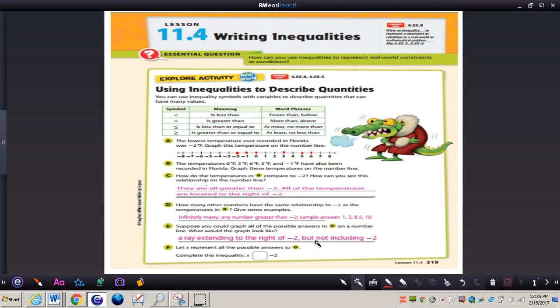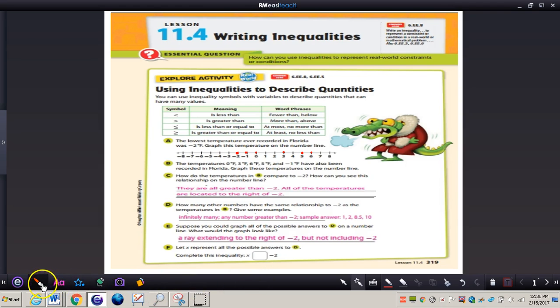Now we're going to take a look at this inequality. It says let x represent all the possible answers to D, and we want to complete this inequality. x, is it greater than, less than, equal to, less than or equal to, greater than or equal to -2?